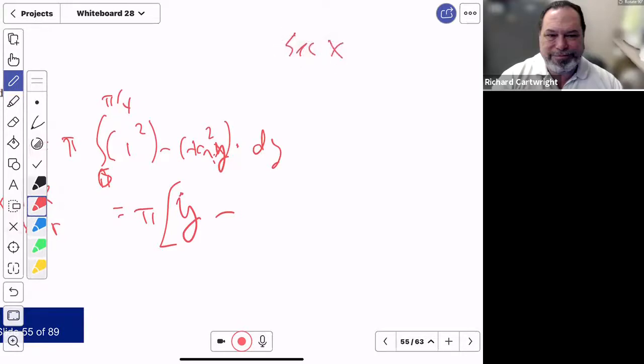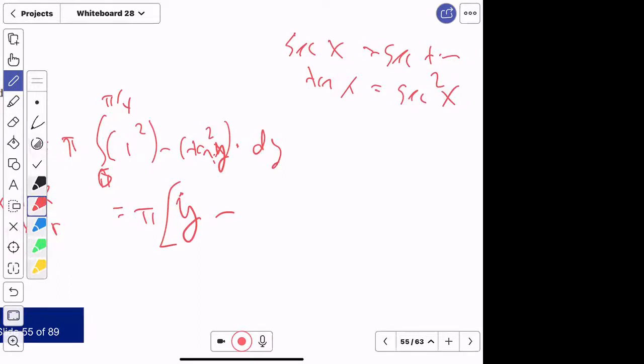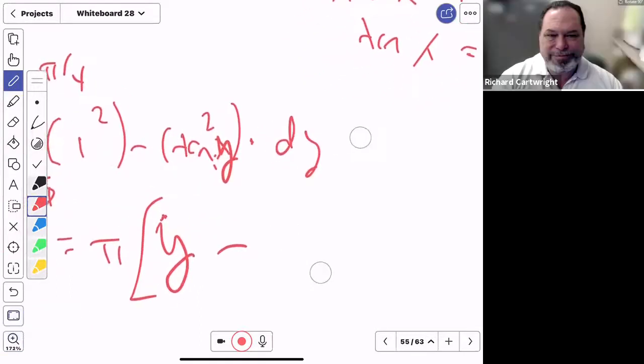Secant tangent. What's the derivative of tangent? Isn't that secant squared? Yes. And so I have a tangent squared.